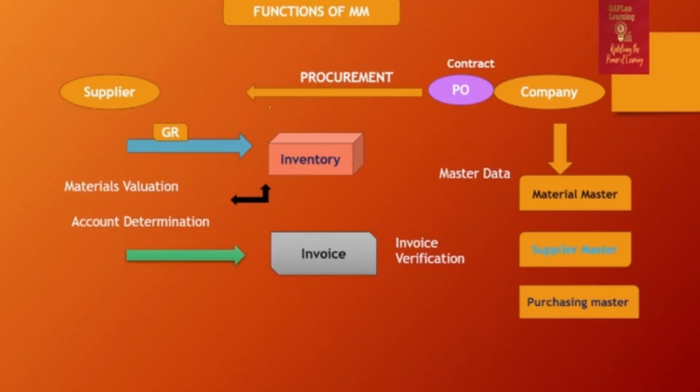When you do the invoice verification, that ensures the vendor invoice matches your purchase order as well as your GR, that is the goods receipt document. This process is known as three-way matching. Three-way matching is a process by which the invoice document is matched with your PO and your GR documents.